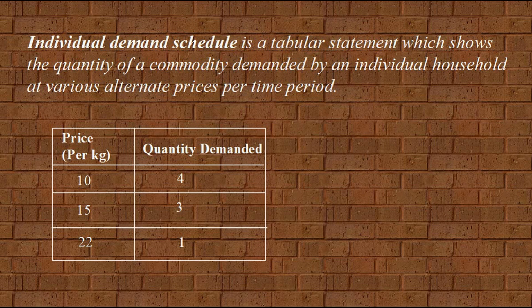At 10 birr, the individual household demands 4 units of a commodity, at 15 it demands 3, at 20 it demands 2, and so on. The higher the price, the lower the quantity demanded, and the lower the price, the higher the quantity demanded by the individual household. Simply, the individual demand curve represents the household's demand for various quantities with their corresponding prices.